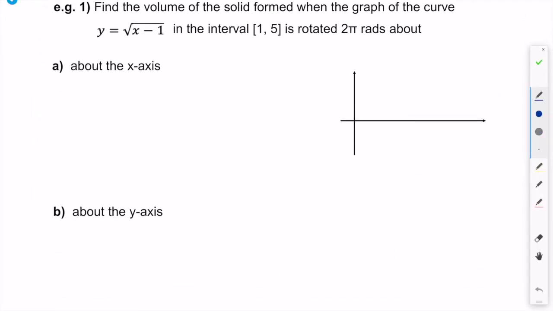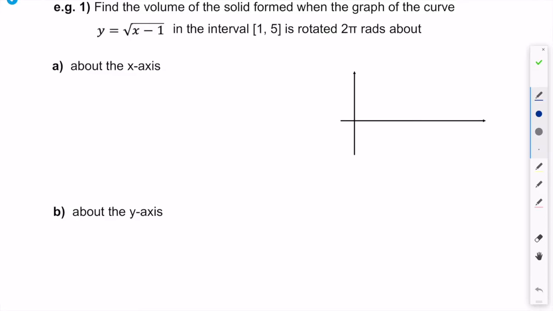So let's take a look at our first example. Example 1. Find the volume of the solid formed when the graph of the curve y equals the square root of x minus 1 in the interval 1 to 5 for x is rotated through 2 pi radians about part A, the x-axis, okay?